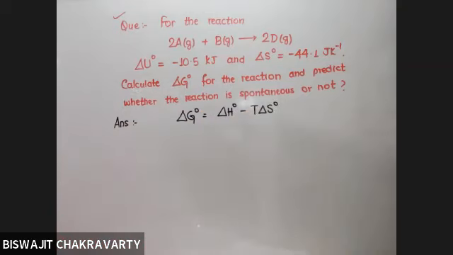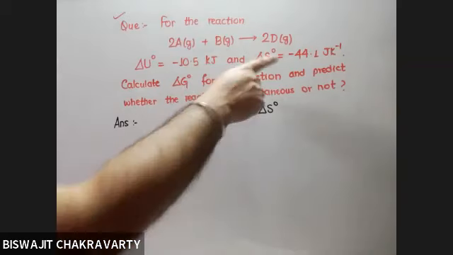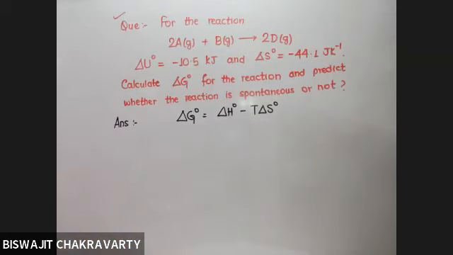Yes or no? Yes, sir. But is delta H degree given? No, sir. What is given instead of delta H degree? Delta S degree is required, but in the question, instead of delta H degree, what is given? That is what I am asking.